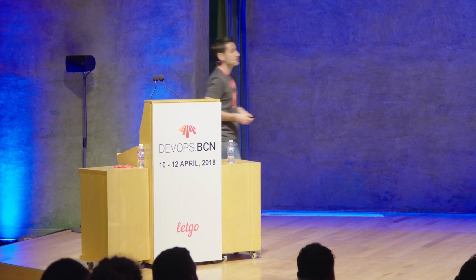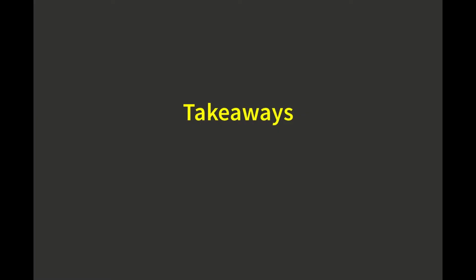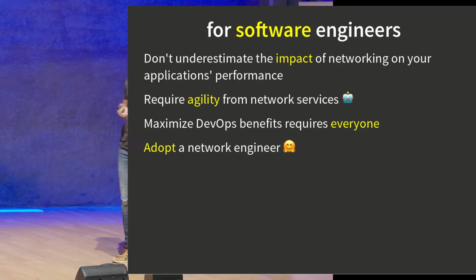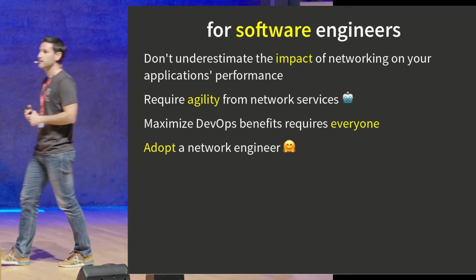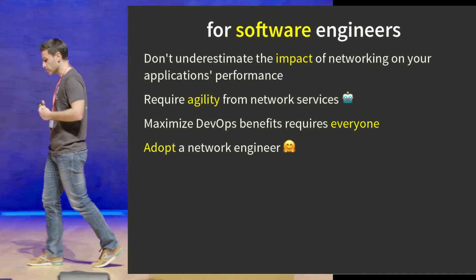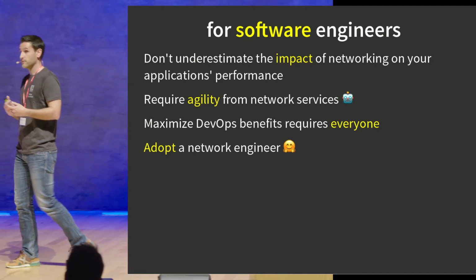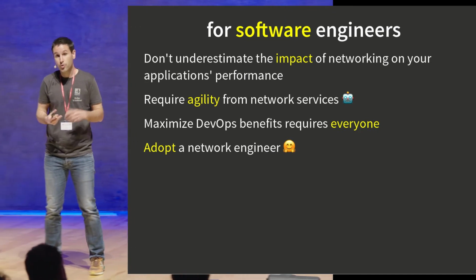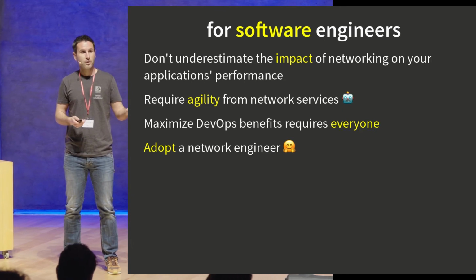And the last part, the takeaways. There are several takeaways, and I distributed them in two different sections. For software engineers, the first thing, and it's important, is that you shouldn't underestimate the effect of the networking decisions you take. Because networking problems or benefits have a lot of impact on your application.